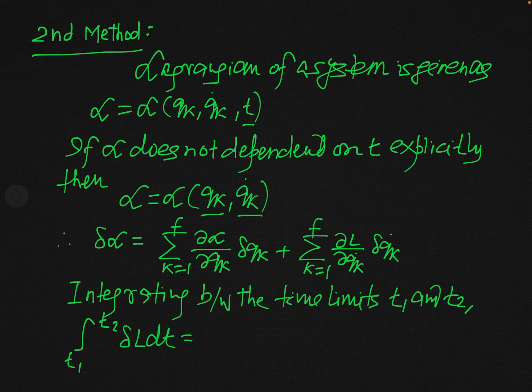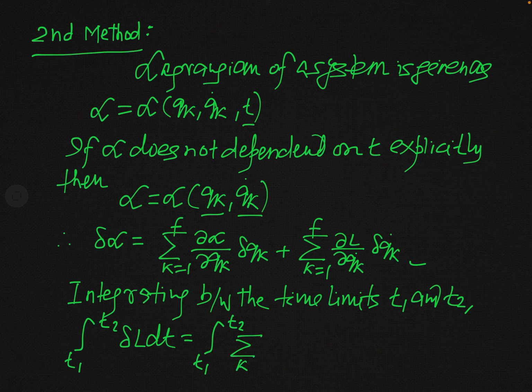As delta L has been defined here, this will be simply integral t1 to t2 summation over k. Now I am not writing here the actual limits 1 to f. This k already indicates that k runs from 1 to f, where f is the degree of freedom of our system.